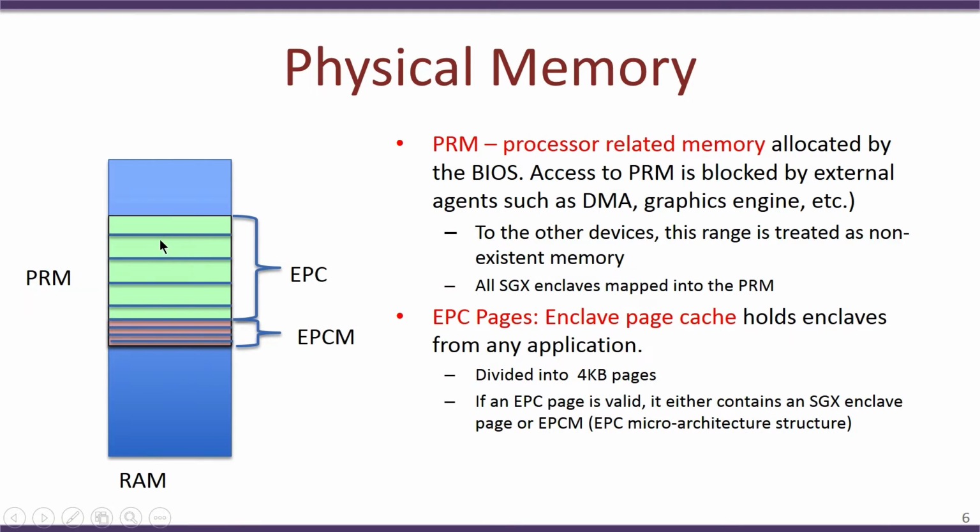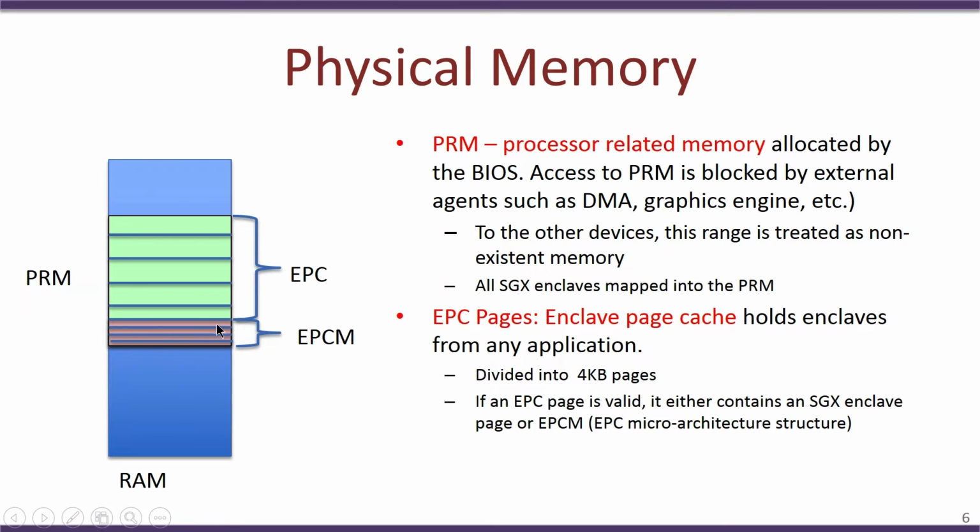Also, the speciality of this PRM region of memory is that no external master device, such as network cards or graphic engines and so on, would be able to read or write data to this PRM. Going a bit more technical, the DMA accesses to this particular region of memory, the PRM region, are disabled. From the operating system's view, this region is identified as non-existent memory.